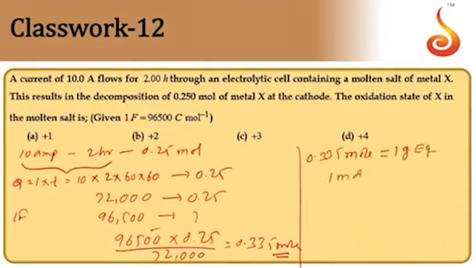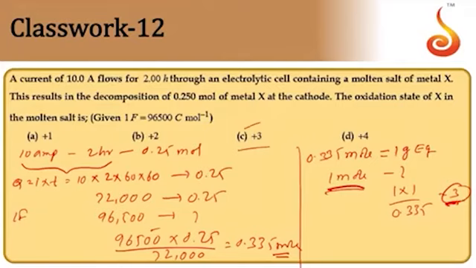Means 1 mole is equal to how many gram equivalents? So cross multiplying, we get 1 divided by 0.335, which is equal to 3. That implies 1 mole is equal to 3 gram equivalents, means valency must be equal to 3. So answer is 3. Option is C.